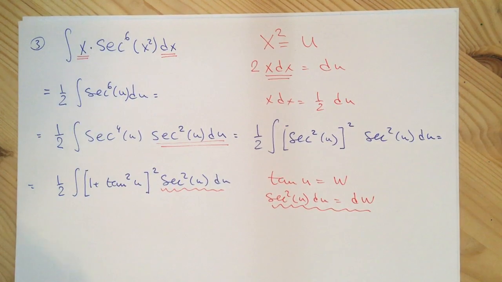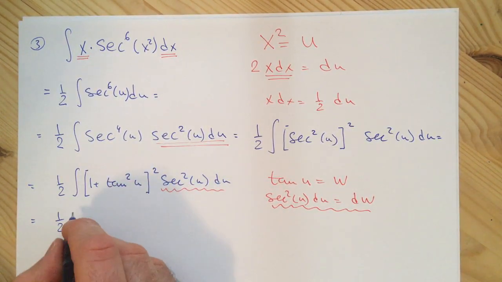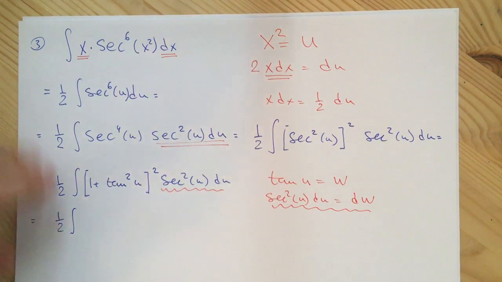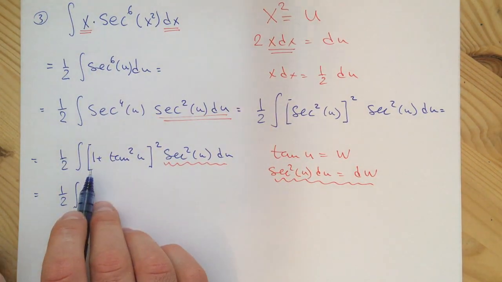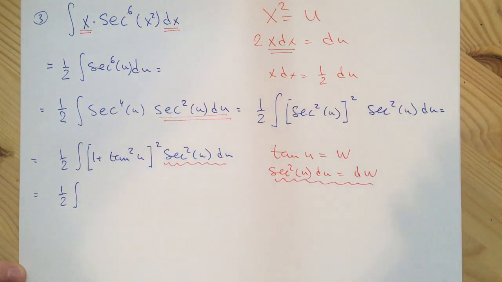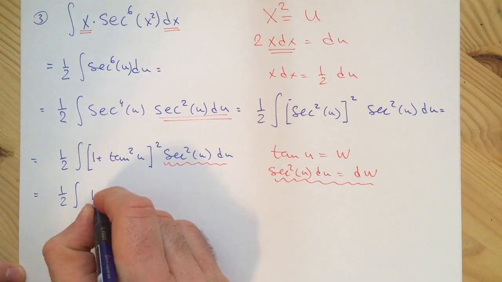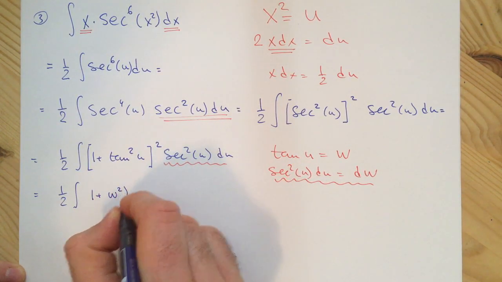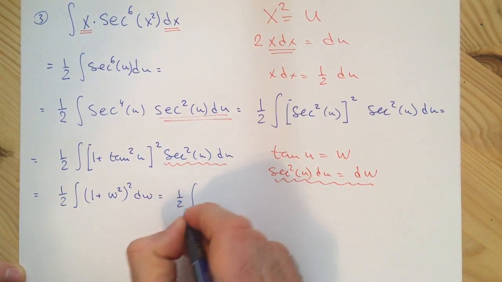So our integral, or this whole integrand, sorry, becomes just the integral of a polynomial, right? So tangent of u is w, so I have 1 plus w squared squared dw, and this is very simple.